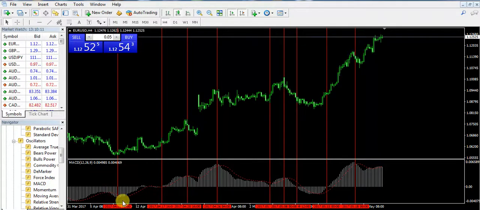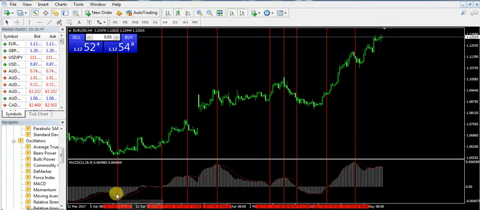Now, here where we had a bottom forming on the MACD, a few MACD bars later, we saw that the bars started pulling away from its own moving average, a further confirmation that the market might now be heading into a bullish price action.